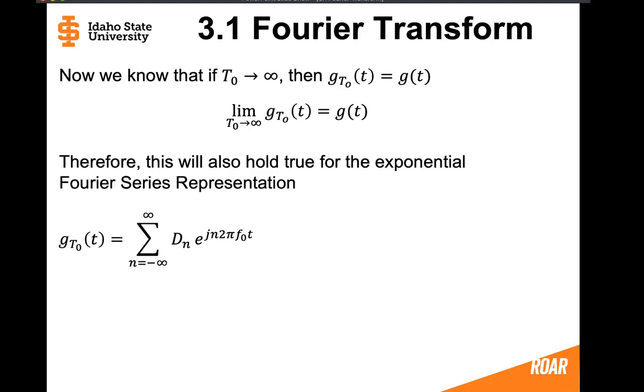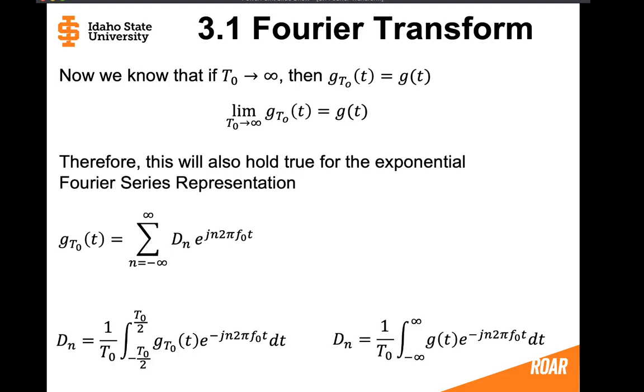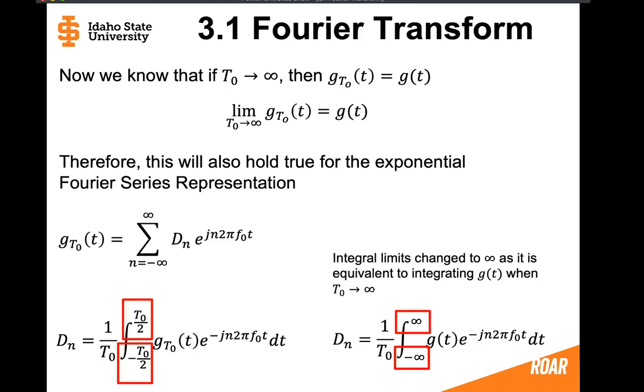This would be the exponential Fourier series representation, and this would be the coefficients. If we keep spreading out the periodic signal so that the period gets larger and larger, eventually we would see that the signal g sub T naught would be equal to g(t), and we could change the limits on this integral from plus and minus T naught over 2 to plus and minus infinity.